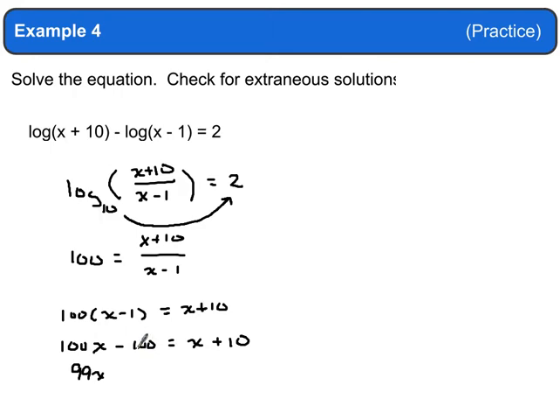And at the same time, add 100 to this side, that will equal 110. So if we divide, x is going to equal 110 divided by 99, which is going to reduce itself to 10 over 9.